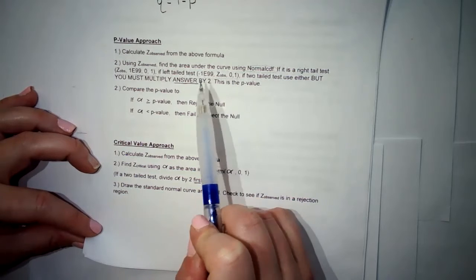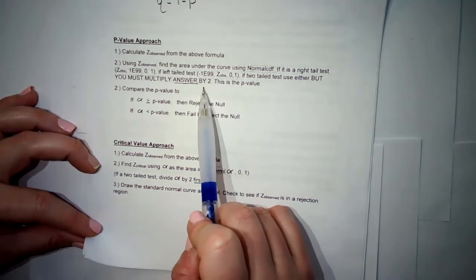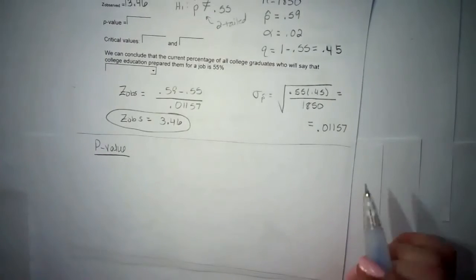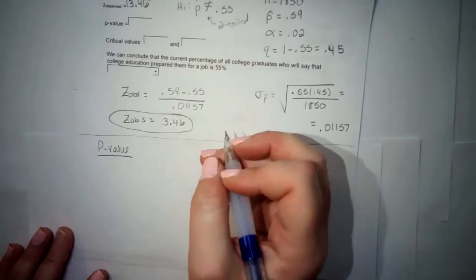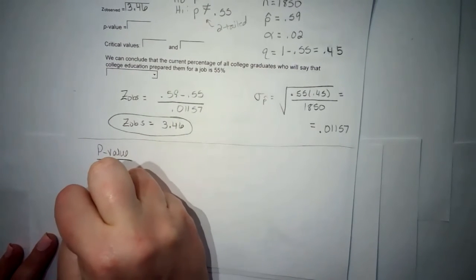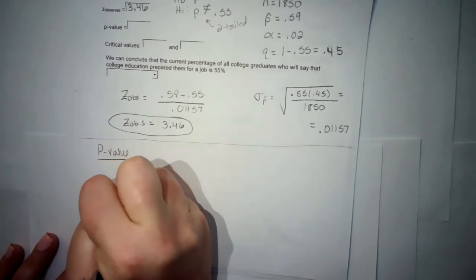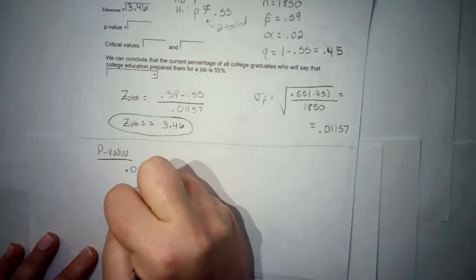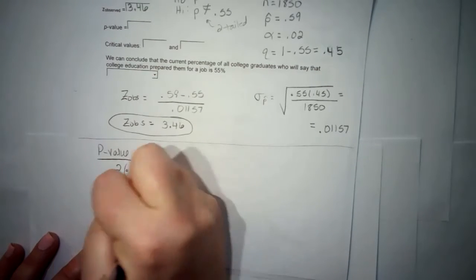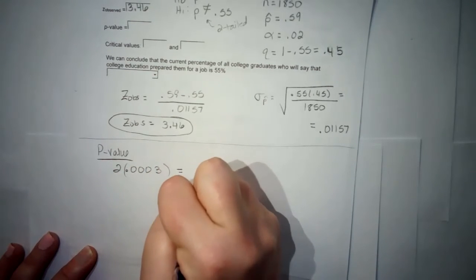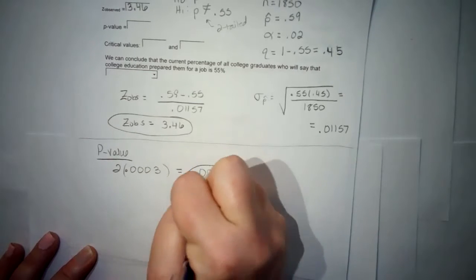Whichever one you'd rather do, but whatever answer you come up with, multiply it by 2. Okay, so I came up with 0.0003, and then I had to multiply it by 2, and my p-value is this.